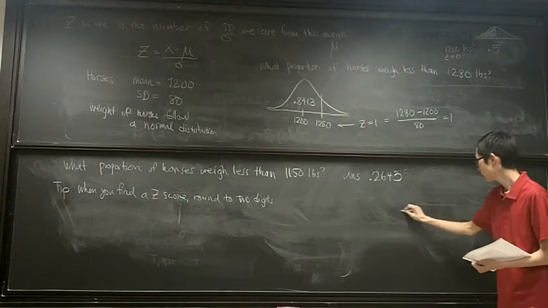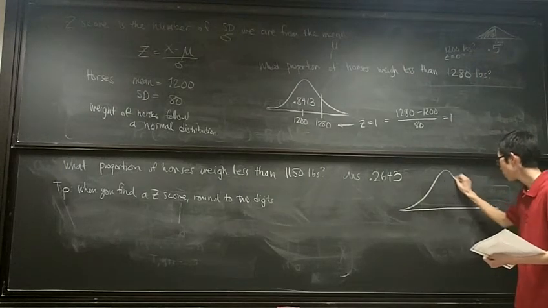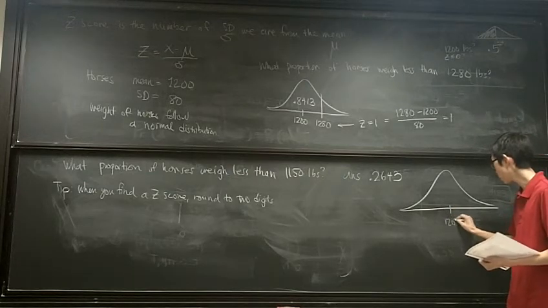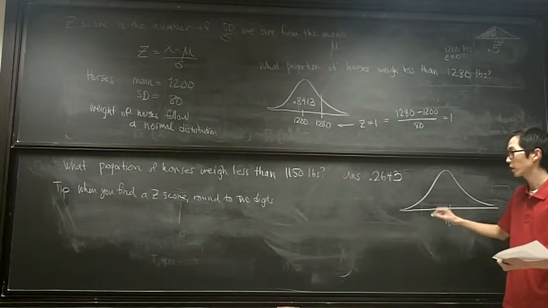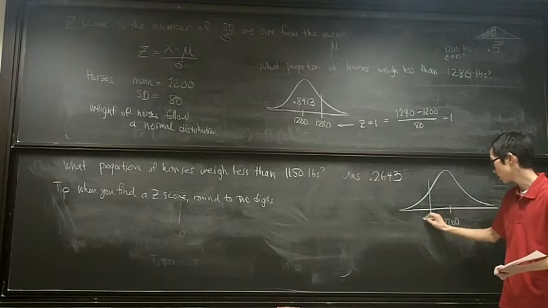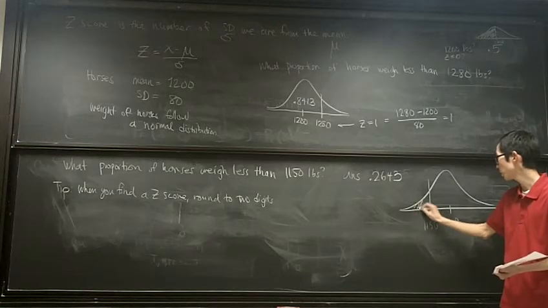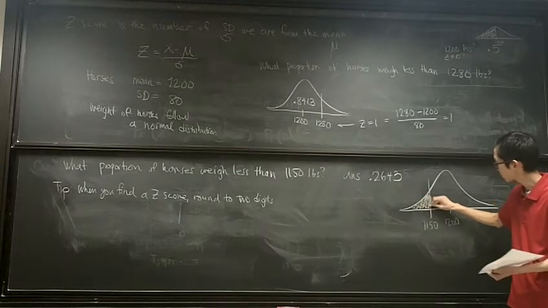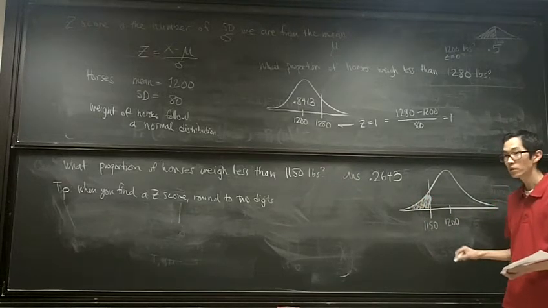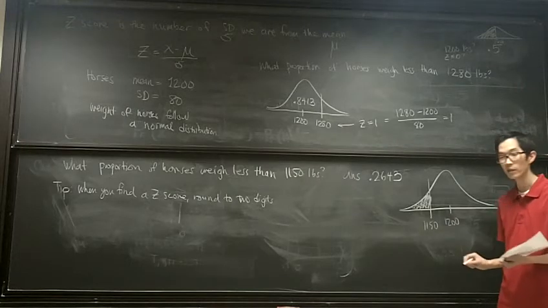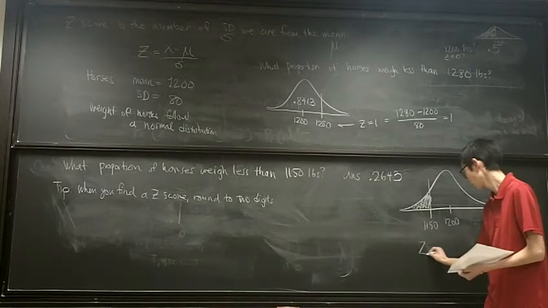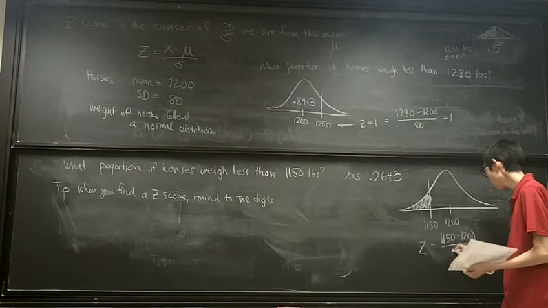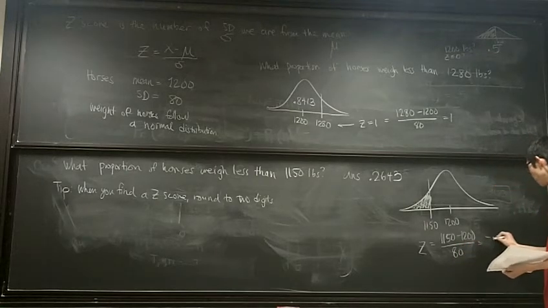So if I were to draw a picture, what is the weight that goes right here in the middle? 1,200 pounds. Where am I drawing my line to separate what I'm looking for? To the left at 1150, and I want to know how much is shaded to the left. So what is the z-score that corresponds to 1150? z is 1150 minus 1200 over 80, and I get negative 0.625.